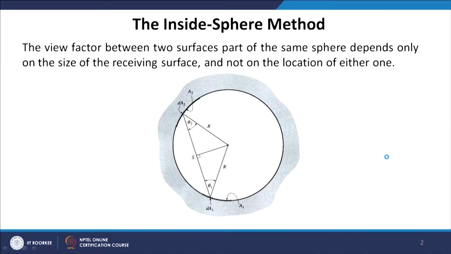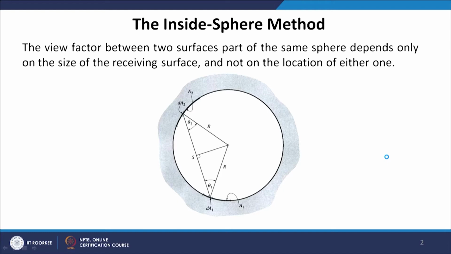For example, what you see on this slide is two surfaces A1 and A2. These two surfaces are curved surfaces and they are part of the same sphere. The radius of the sphere is r and we are interested in finding the view factor between these two surfaces, F12.